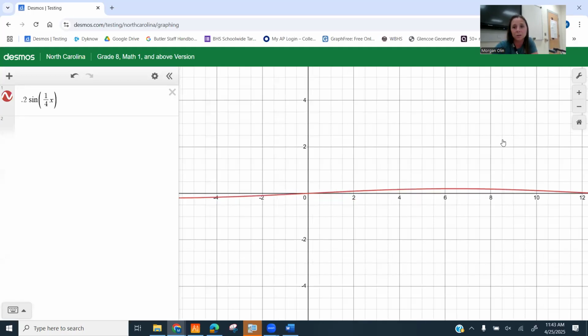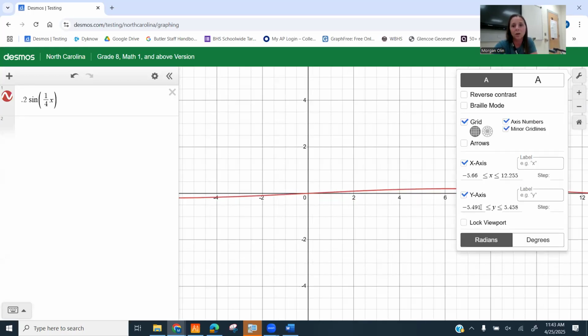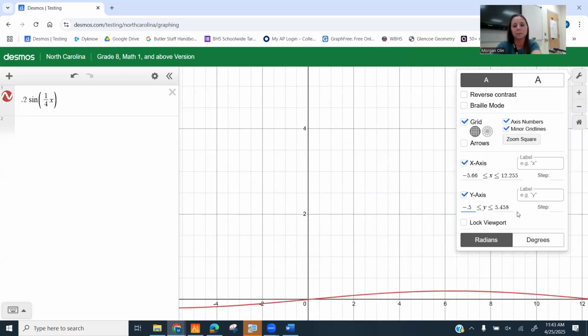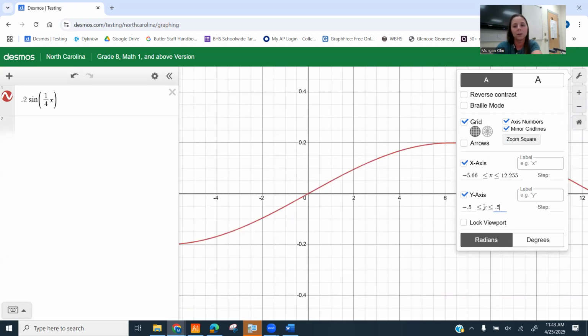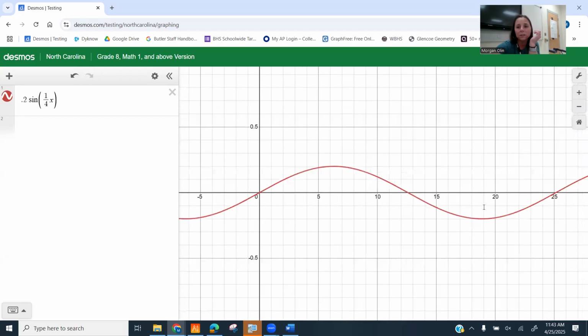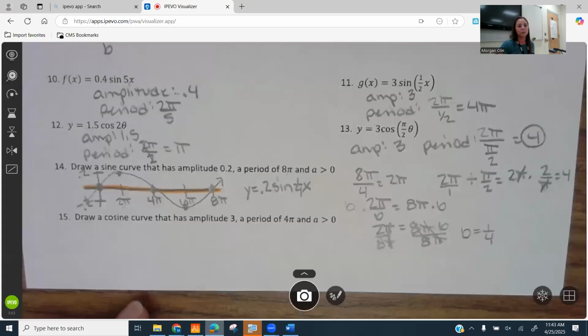If you actually want to do it this way, my x-axis, I'm going to go like negative 0.5, and then 0.5. You can see that one cycle, and you can see that it ends right here at 8 pi. So that period is 8 pi, so I must have done it correctly. And here the height is 0.2. That's the same graph that I had on my page right here.